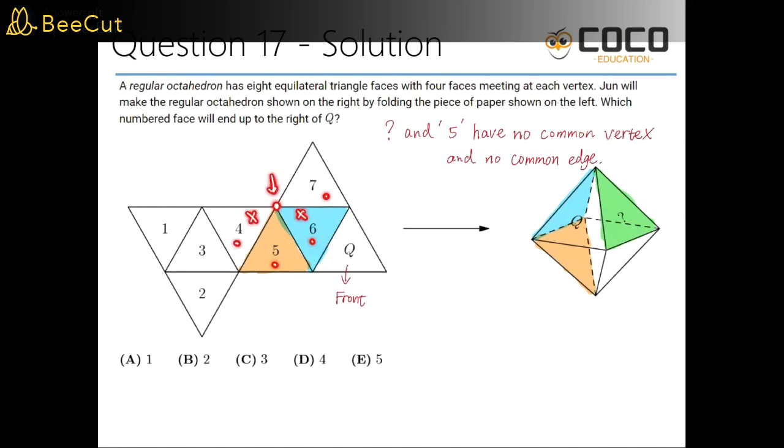So these cannot be the answer. And then 5 with the 3 and 2, they share this common vertex. So the only one that's not touching the 5 will be the face with the number 1. So the 1 and 5 are the opposite faces. They do not have a common vertex or common edge. So the answer is 1. We choose option A.